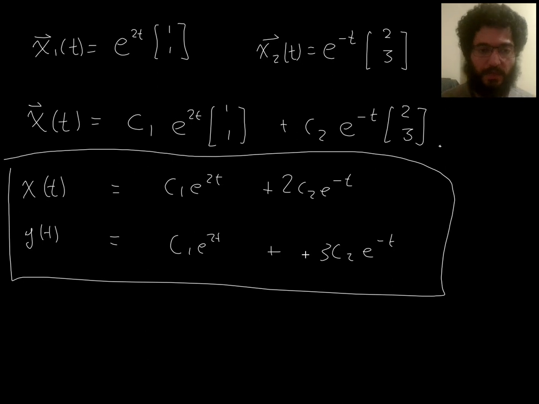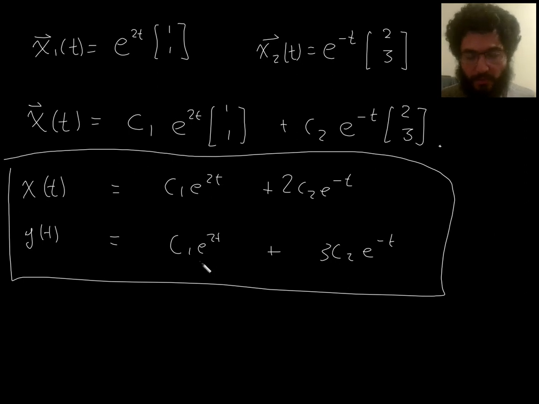And now you can see what I meant by keeping things packaged together makes it clear how to treat the constants in front. This has two constants in front, and so does this, but they're related, right? The C1 showing up here is the very same C1 that's showing up here, and the C2 here is the C2 here. So it's not like you have 4 unknown free parameters here. You still only have 2. It's just that they're linked in a certain way.